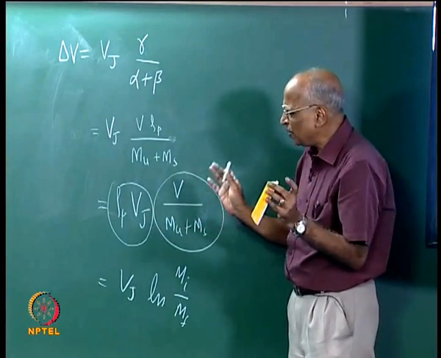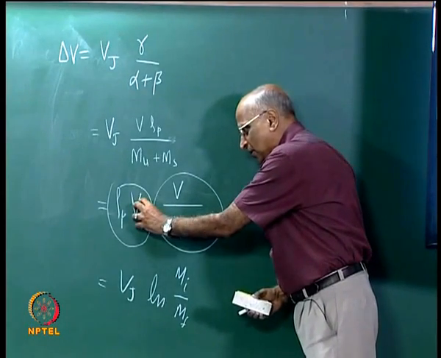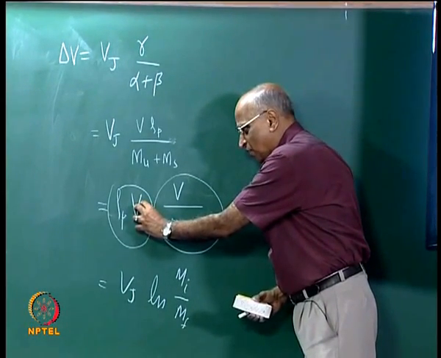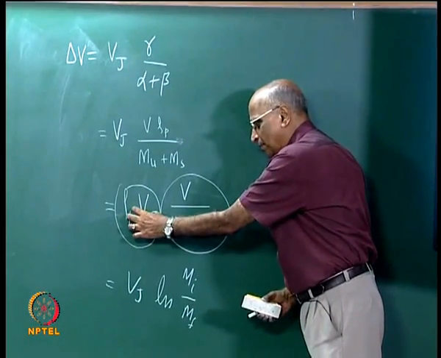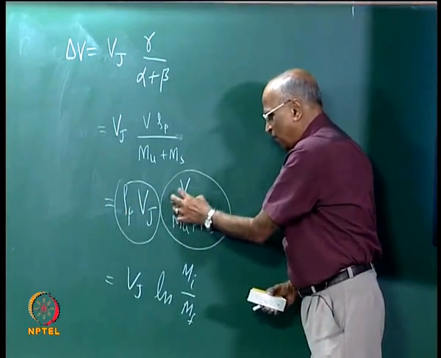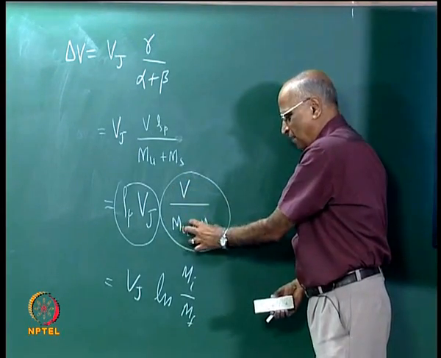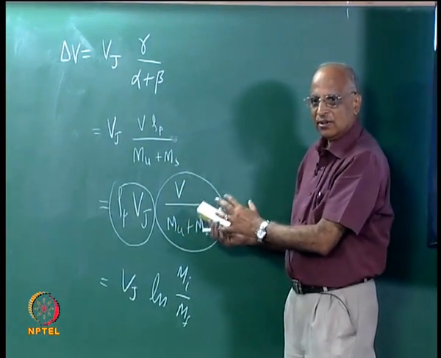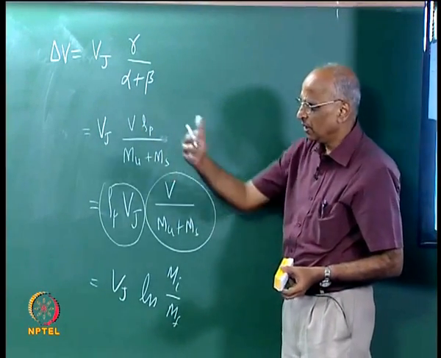In other words, the equation gets slightly simplified in that instead of Vj in meters per second being a figure of merit, it becomes rho, the density of the propellant, into Vj becoming a figure of merit, and of course, this becomes the volume proportional to the mass of the propellant, and mu by ms. This is what we must keep in mind when we design the boosters.